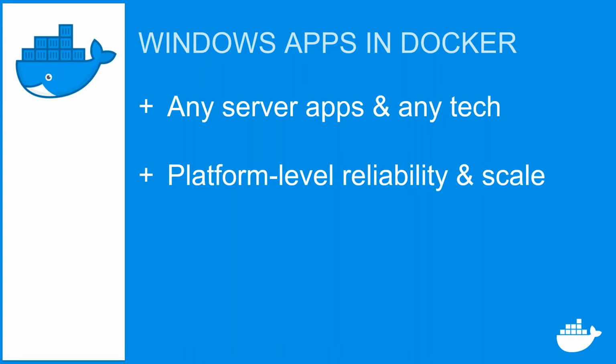The reliability and scale, which you kind of get from running in IIS, you've now got at a much higher level. So when these things are running in containers, it's easy to move them around. It's easy to start up multiple instances of the container. So you can have a cluster of machines all running Docker, and then you talk to the cluster and you say, here's my classic ASP app. I want you to run it on 20 containers across the cluster. And then you're not looking at individual machines to see where the container is running. You don't care about that.